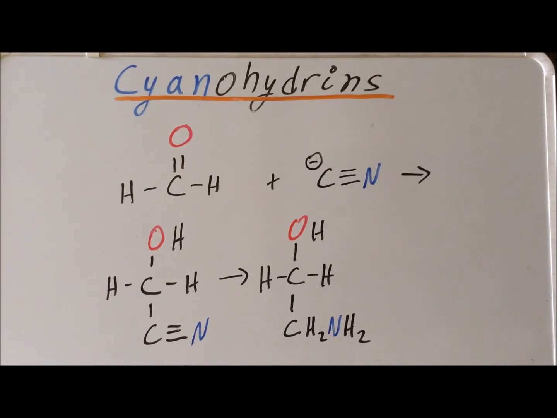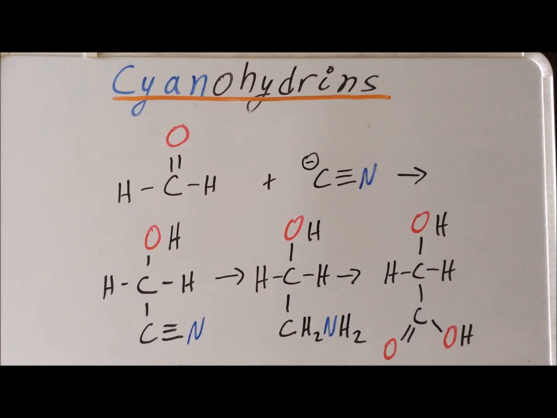We can actually hydrolyze one more time in either acid or base conditions, and let's see what we get when we do that. Upon a second round of hydrolysis, we now get this compound. We're able to hydrolyze the amide to a carboxylic acid functionality, and we end up with 2-hydroxyacetic acid, which also goes by the common name of glycolic acid.